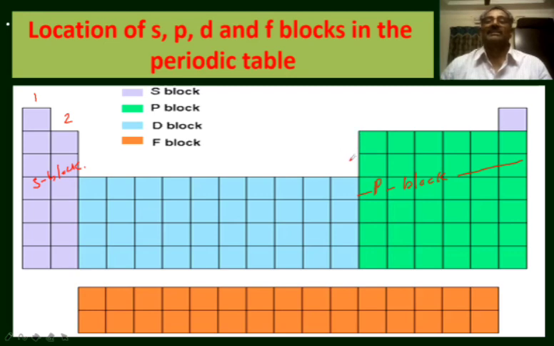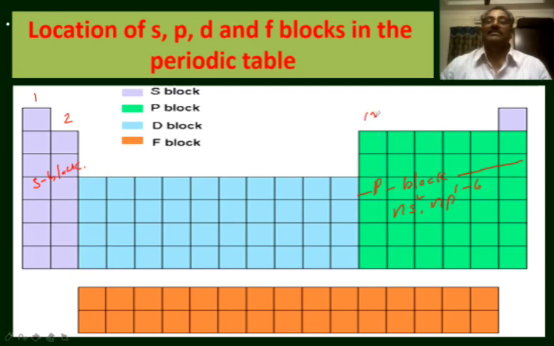The general electronic configuration is ns2 np1 to 6. The p orbital is being filled successively up to 6 electrons. So this is the general configuration of p block elements.